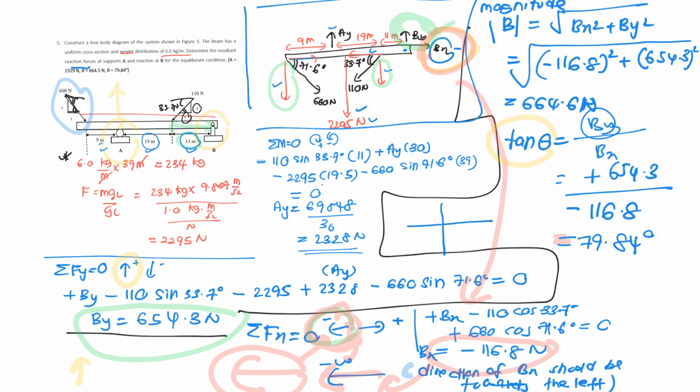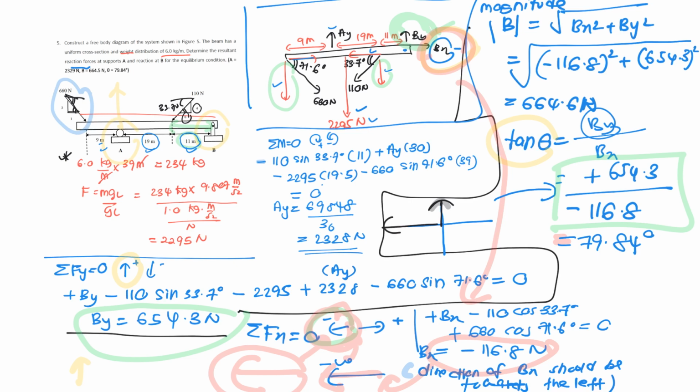When it comes to the diagram, you are going to look at this one, which is already the true direction with the correct sign. So my BY is upward, positive, and BX is negative, which is to the left.